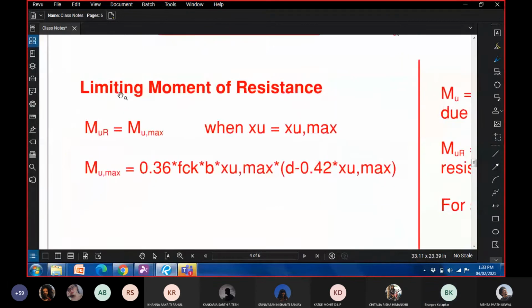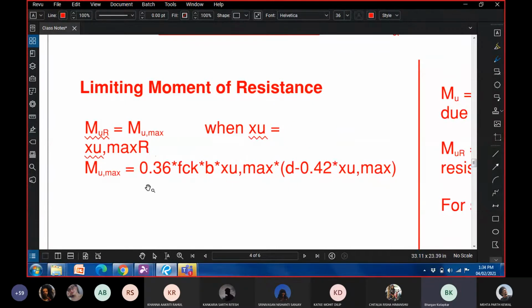So when the moment of resistance is equal to the limiting moment of resistance, that is MU max. If there's confusion because of this, we could also write this as MUR max.